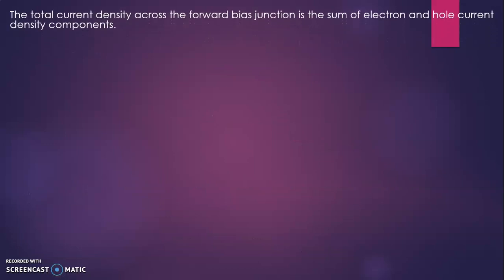Now the total current density across the forward bias junction is the sum of electron and hole current density components. The total current density is due to electron and hole, so we can write it as the sum of the electron and hole current density components.